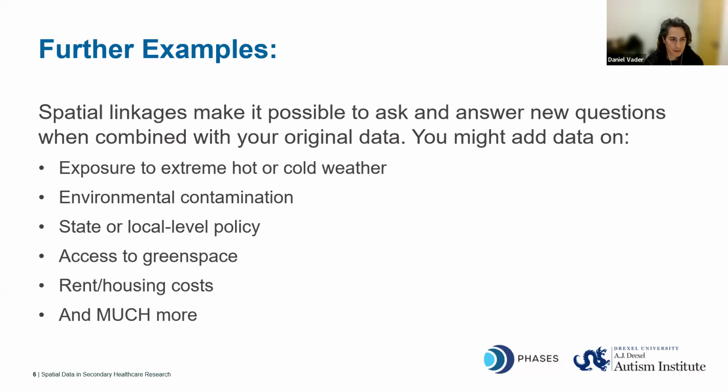So you might think about weather-related data. You might think about environmental contamination or environmental disaster. You might think about policy changes and how those relate geospatially to people, access to green space, rent and housing costs, and just a whole bunch of other stuff.